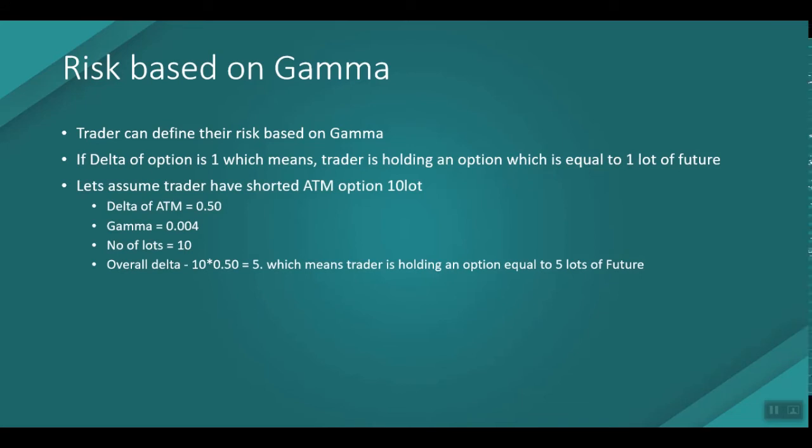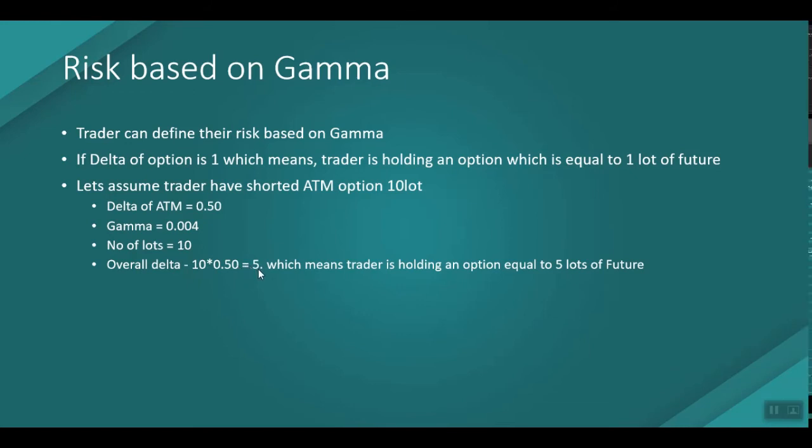So let's assume that you have shorted 10 lots of at the money call options. The delta of at the money will be 0.50, and assuming that gamma is 0.004 and the number of lots shorted is 10. So the overall delta will be 10 into 0.50, equal to 5.